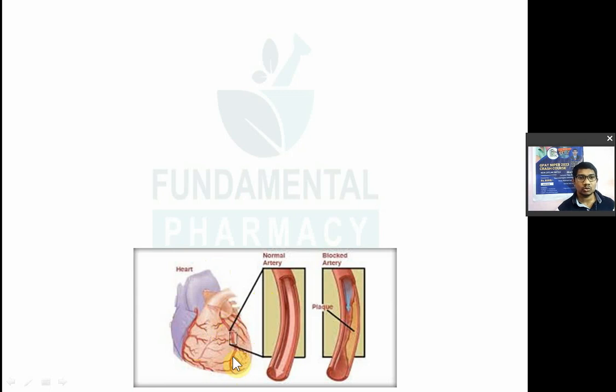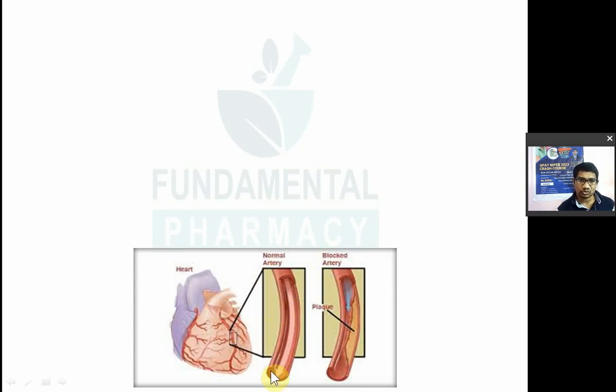Blood flow to your heart muscles, the myocardium, is via the coronary artery. This is the only artery which supplies blood to the heart. Now if there is any blockage in this artery, as you can see in this image, this one is a normal artery, a coronary artery.